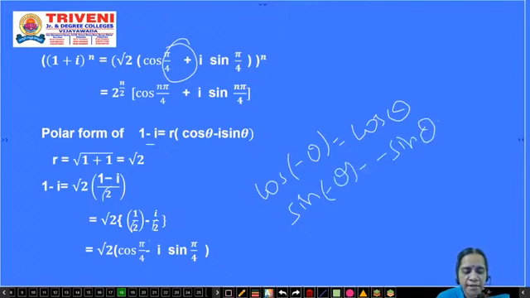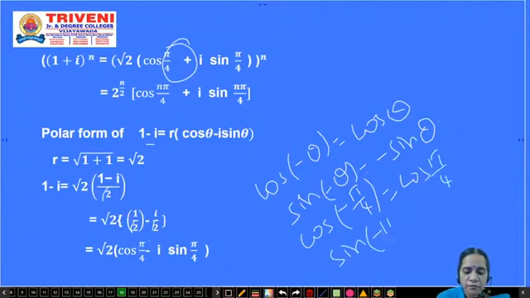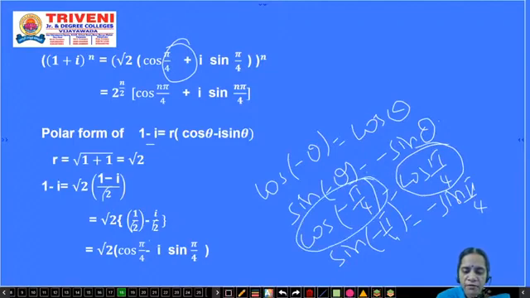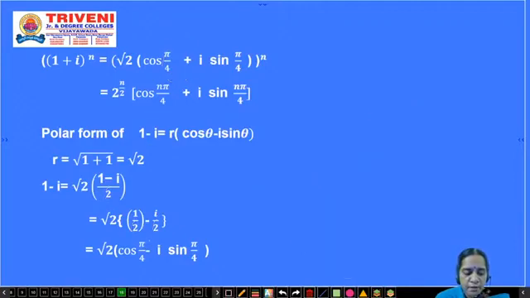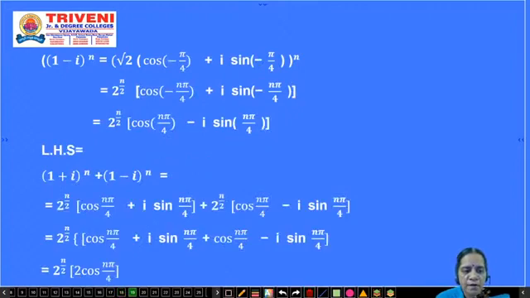That's why cos of minus pi by 4 is equal to cos pi by 4, and sin of minus pi by 4 is equal to minus sin pi by 4. In place of cos pi by 4 we write cos of minus pi by 4, and minus sin pi by 4 can be written as sin of minus pi by 4. Like this, (1 - i) whole power n is equal to root 2 into (cos of minus pi by 4 + i sin of minus pi by 4) whole power n.